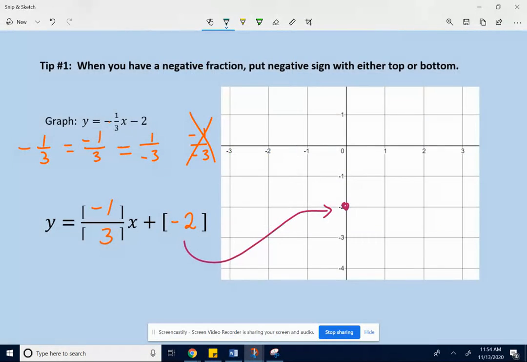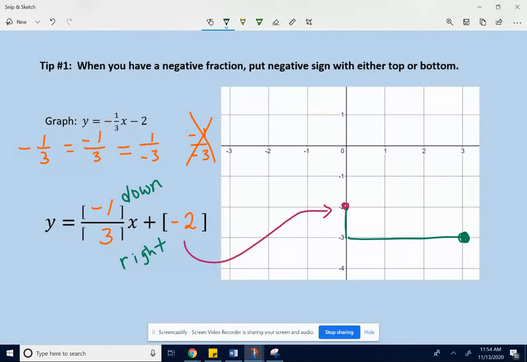The rise of a negative 1 means down instead of up, and a run of positive 3 means right instead of left. So from my negative 2 on the y-axis, I'm going to travel down 1, right 3. Down 1 space, right 3.